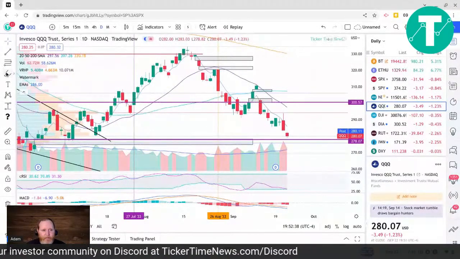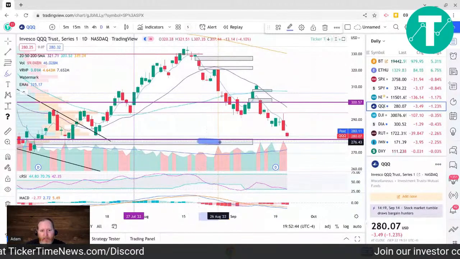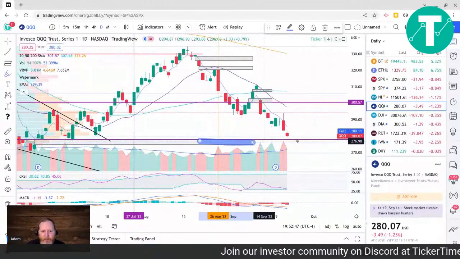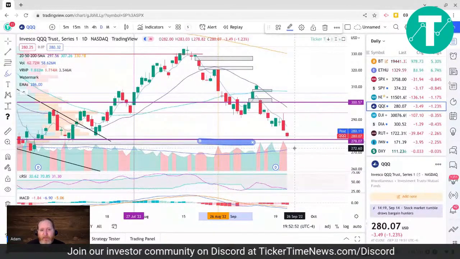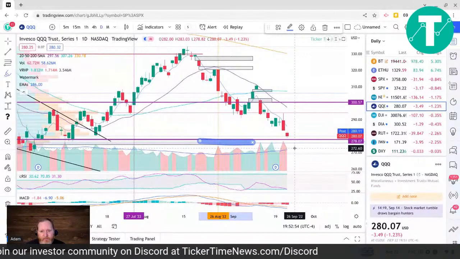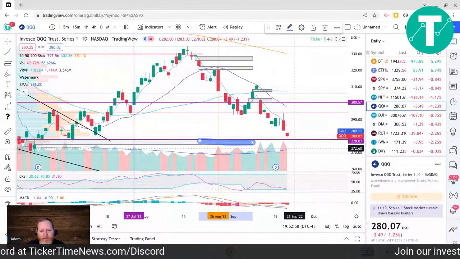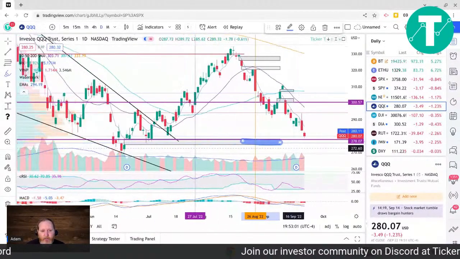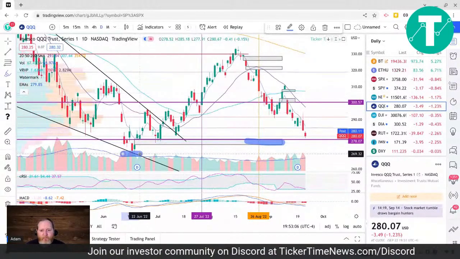Let me get the highlighter again. This gap, this bar right here, it is right underneath the lower end of the weekly expected move. So if the Qs were to break that 278, which is the lower end of the weekly expected move, then it could just slide right through this gap, testing new lows for the year.